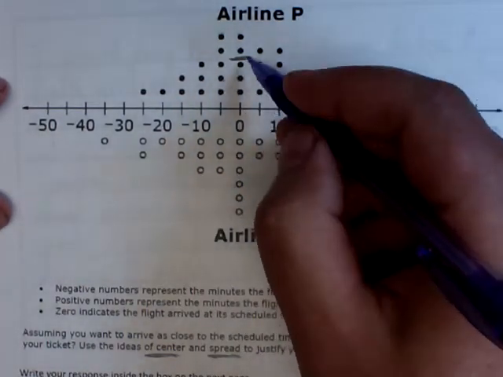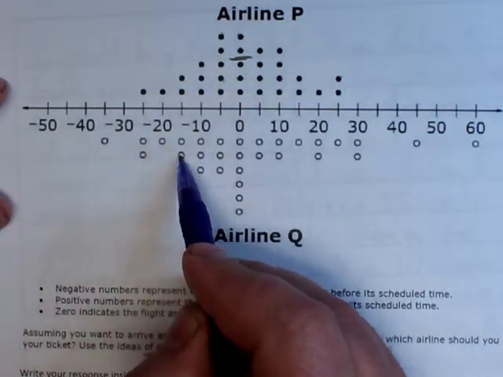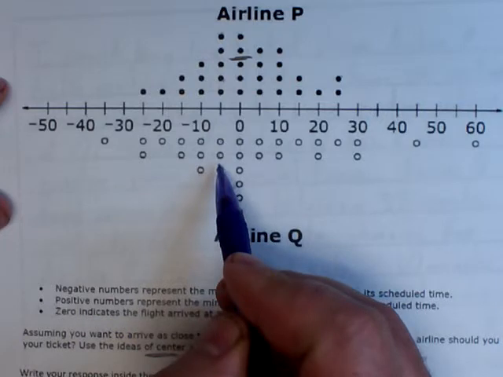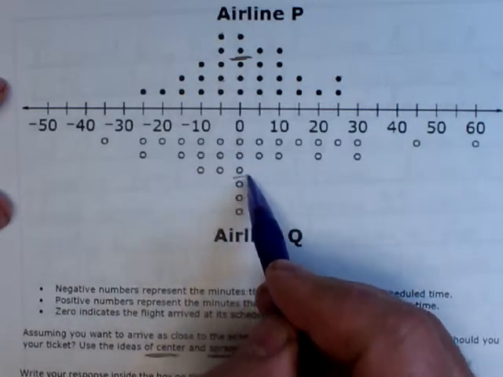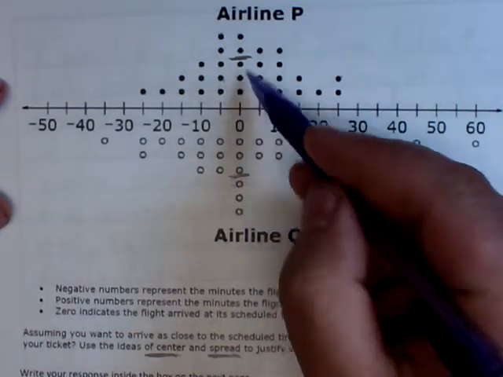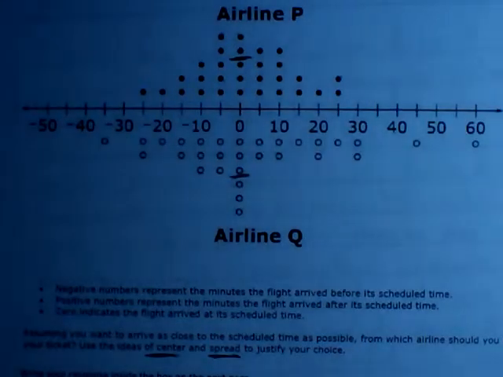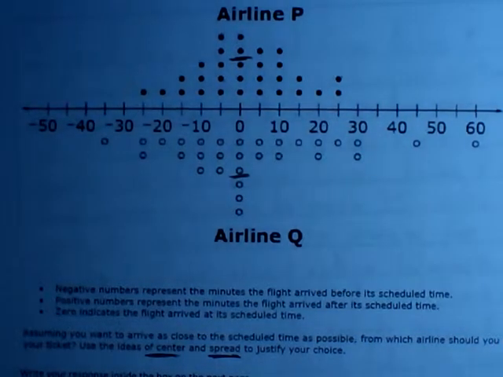Here's my median for airline P. 1, 2, 3, 4, 5, 6, 7, 8, 9, 10, 11, 12, 13, 14, 15. So the medians are both the same. They're both at 0.